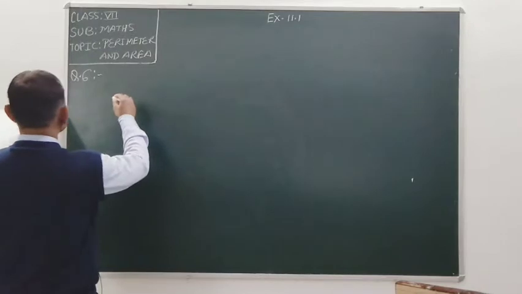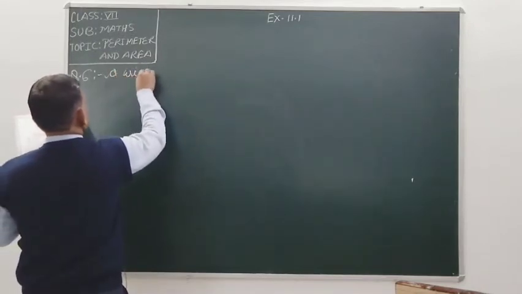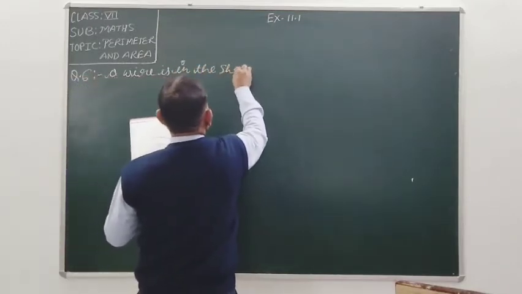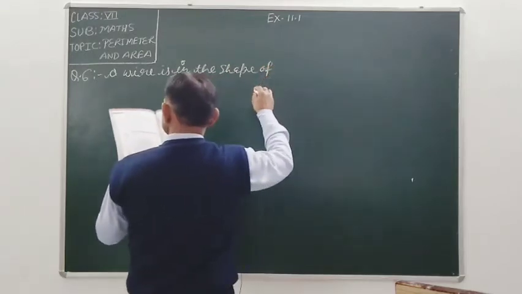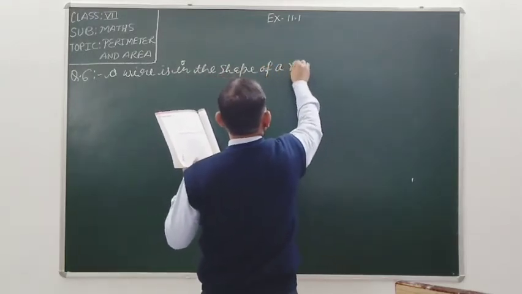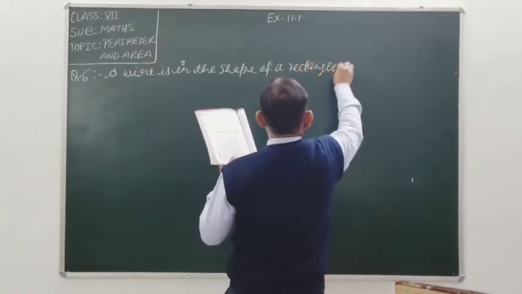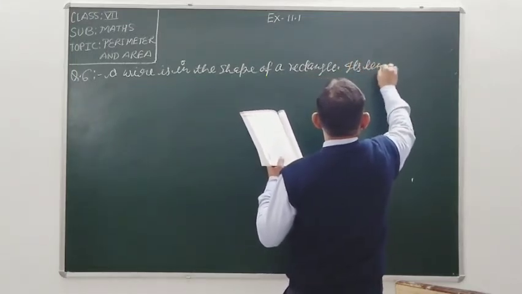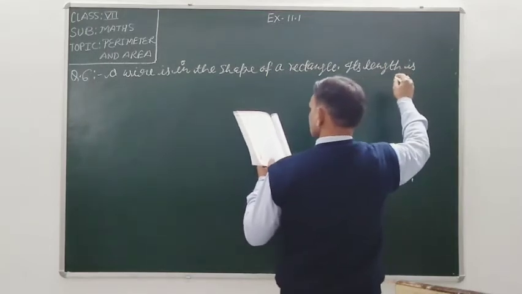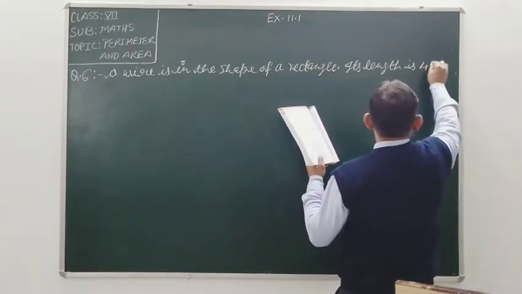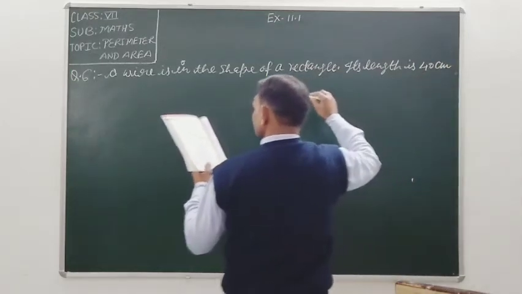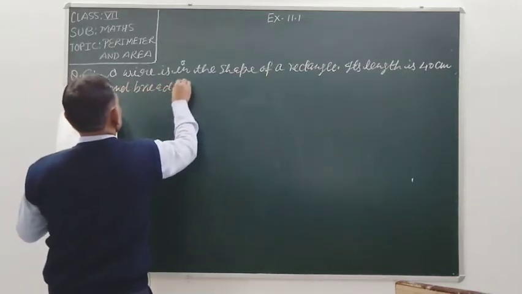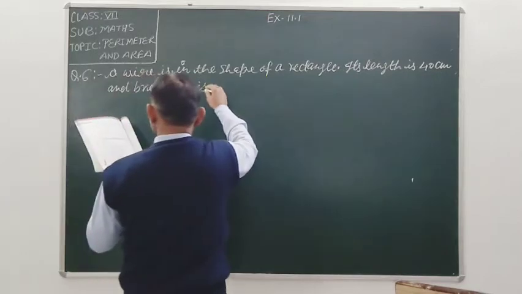A wire is in the shape of a rectangle. Its length is 40 centimeter and breadth is 22 centimeter.